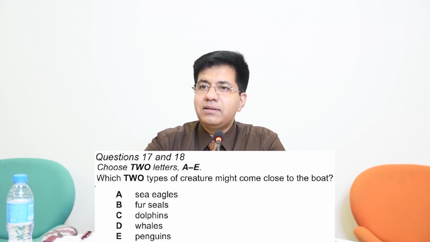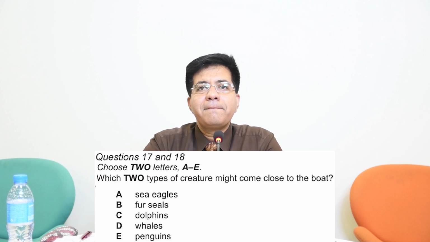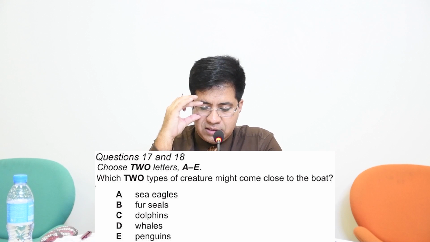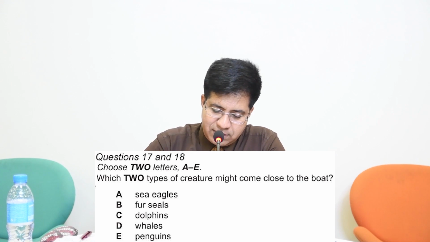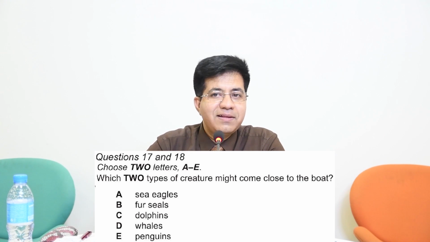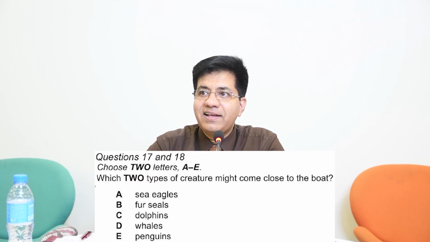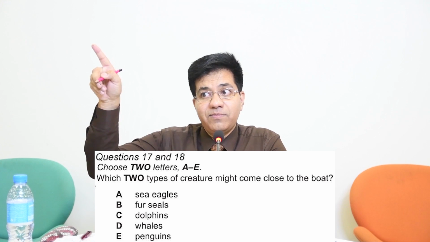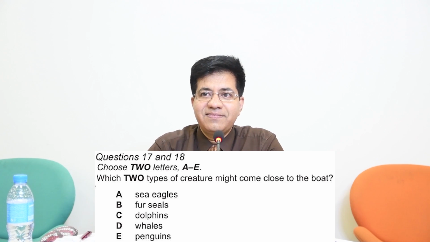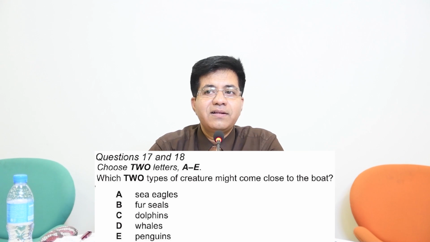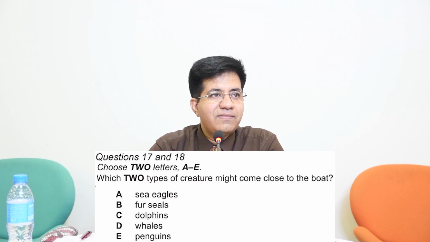Some of you have asked me what creatures we can expect to see. I know everyone loves the penguins, but they're very shy and unfortunately tend to hide from passing boats. But you might see birds in the distance, such as sea eagles, flying around the cliff edges where they nest. When we get to the rocky area inhabited by fur seals, we'll stop and watch them swimming around the coast.